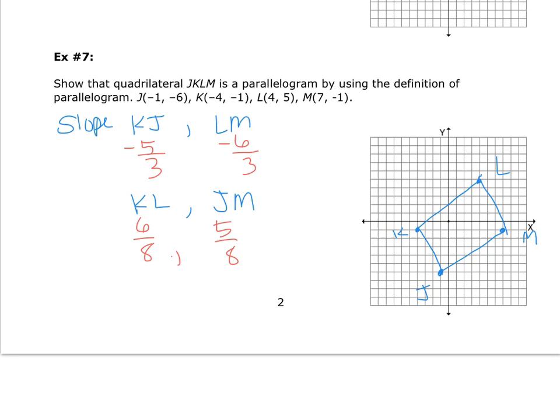So I'm going to say here, not a parallelogram. Now, if I would have decided it was a parallelogram, I would need to show that both sets of opposite sides are parallel by demonstrating that with slope. So that is section 3. Make sure you do have that half sheet of theorems, and you will be using those as all of your justifications.